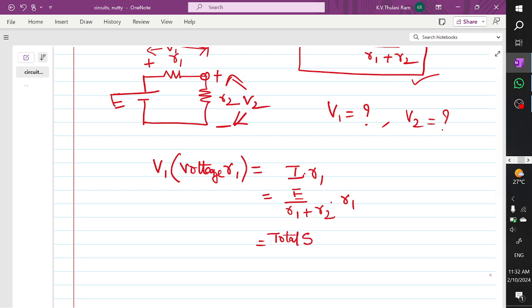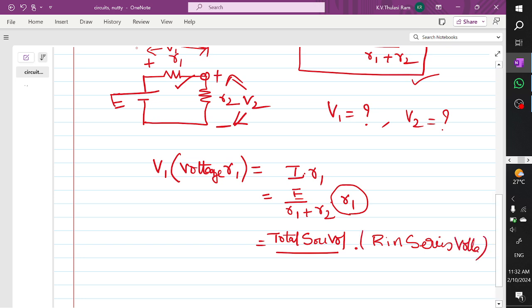Total source voltage divided by, into R1, where R1 is nothing but the resistor where we require the voltage. So here we require the voltage. This is nothing but the resistor in series where we require the voltage, divided by the sum of resistors which are connected in series.